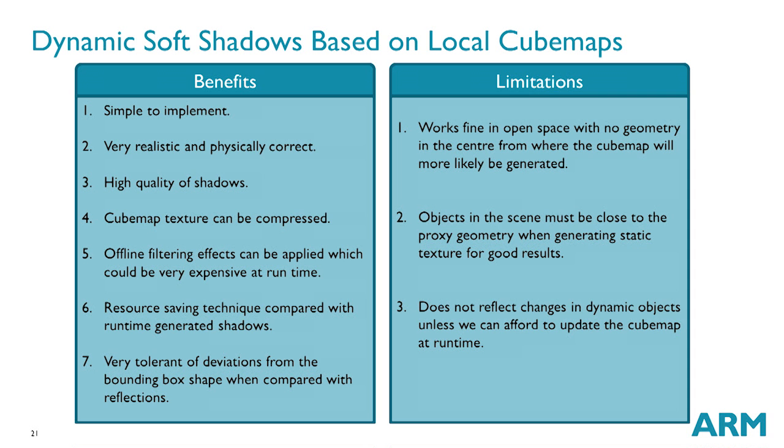So at this point, I would like to list some of the benefits and some limitations of this technique. The main benefit is, I would say, the quality of the shadows. It is very efficient, and the shadows we get are of very high quality.